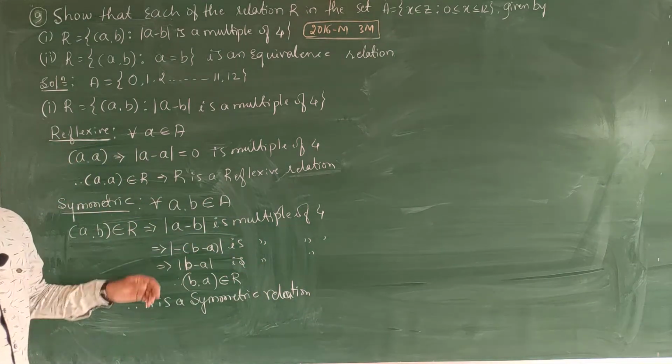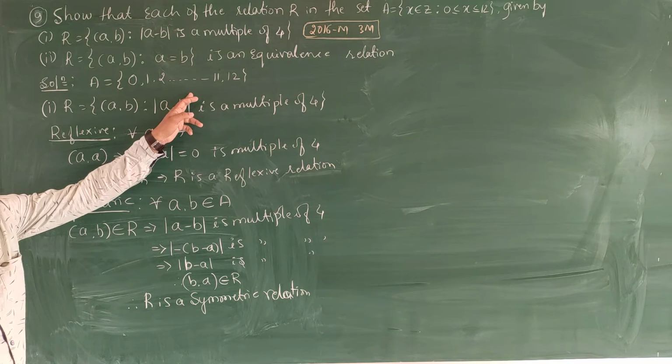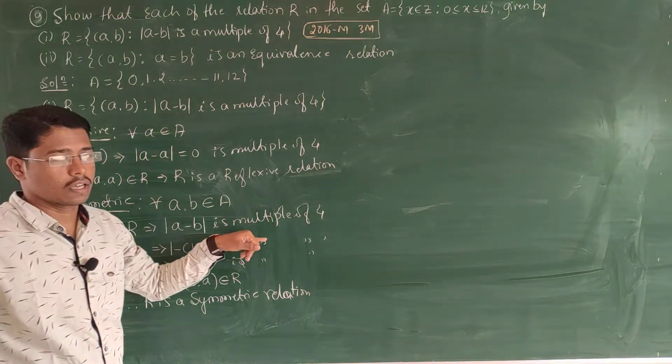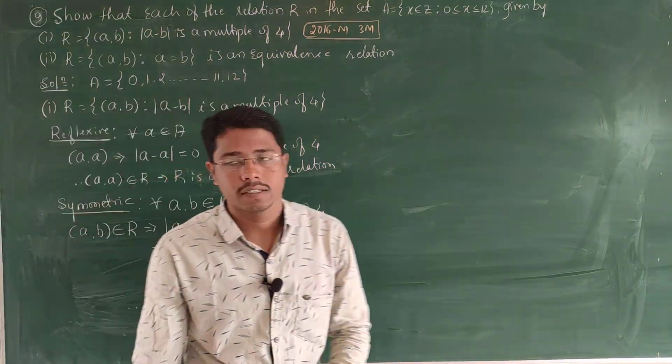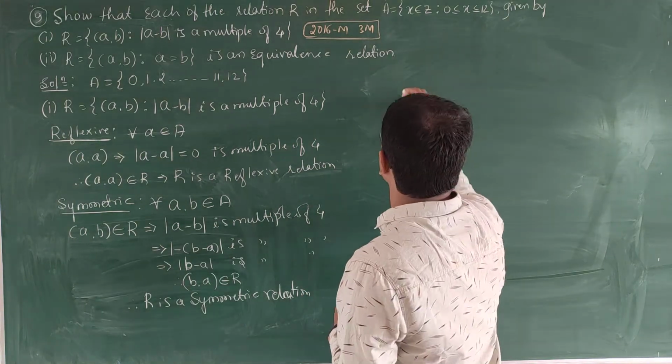So you can put any numbers from this set, that are multiples of 4. Next is the transitive relation.